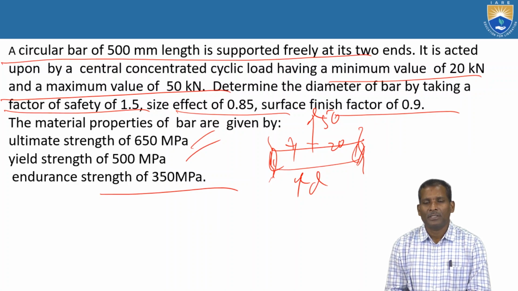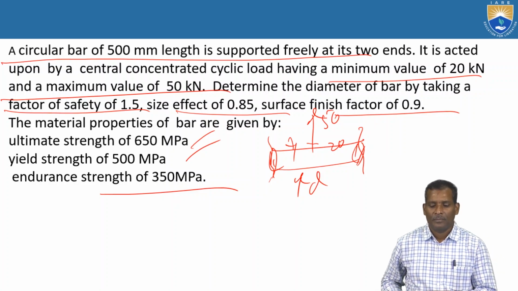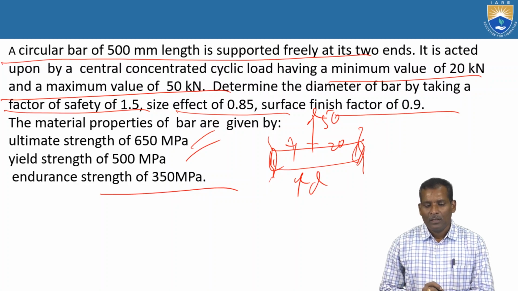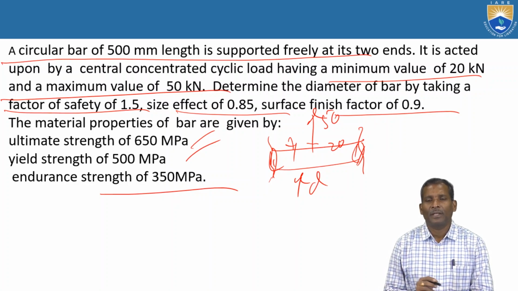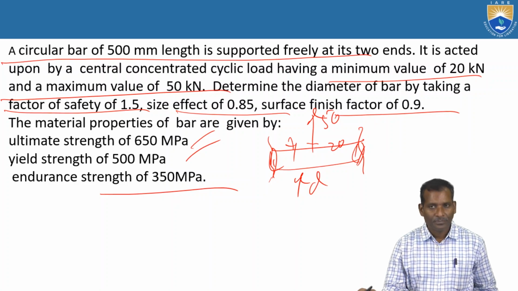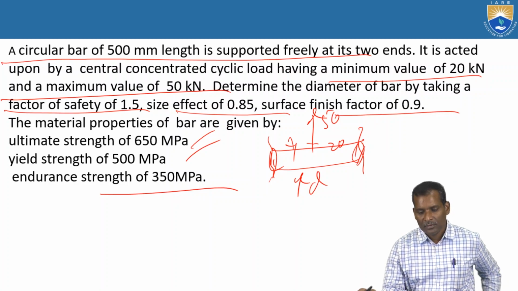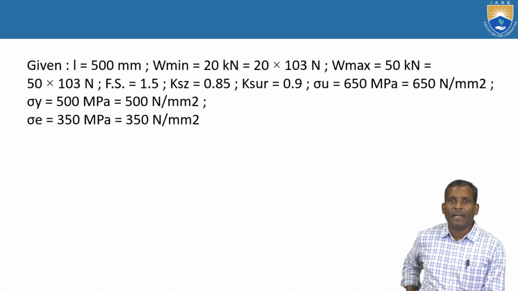Here you need to apply the Soderberg line method and then the Goodman line method. First apply these two methods and find the diameter, then take the larger of the calculated values. So first, the given data.